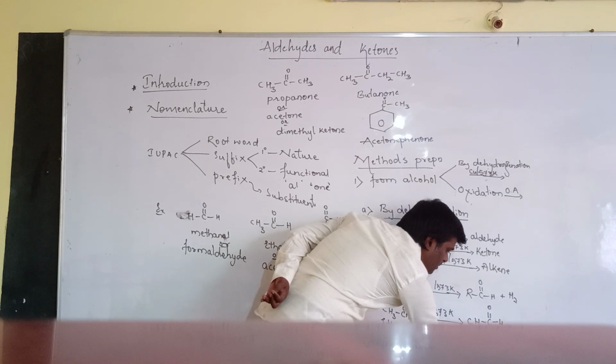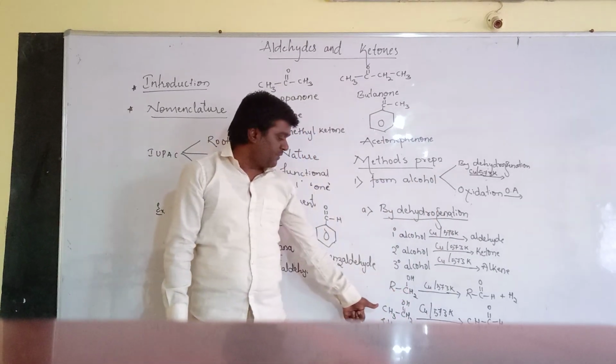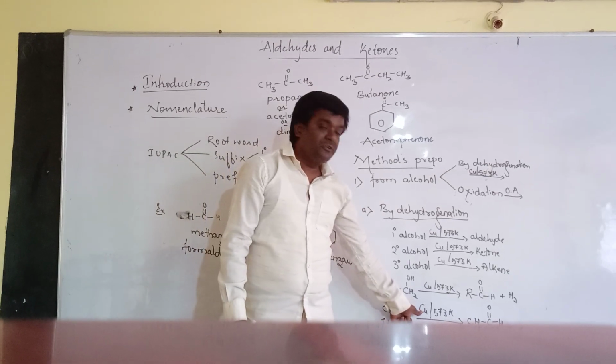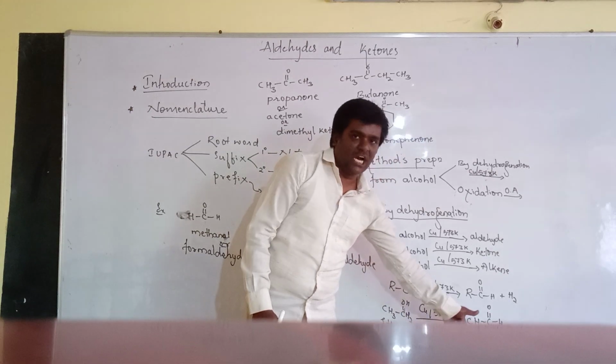Ethanol will be converted into ethanal by passing the vapors of ethanol through copper gauze at 573 Kelvin.